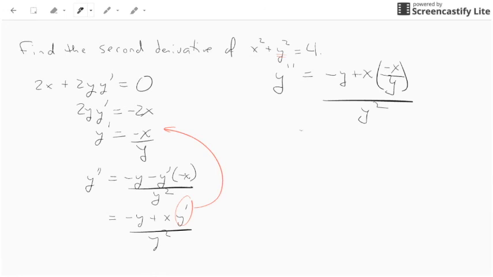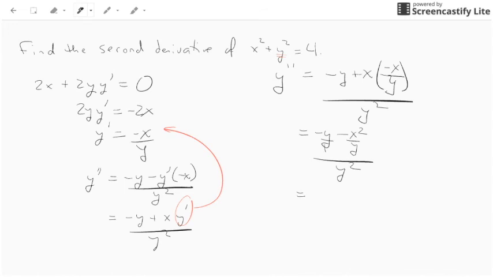So now what I'm seeing here is negative y minus x squared over y, all over y squared. Now, in the numerator, what I'm going to do is get a common denominator of y.